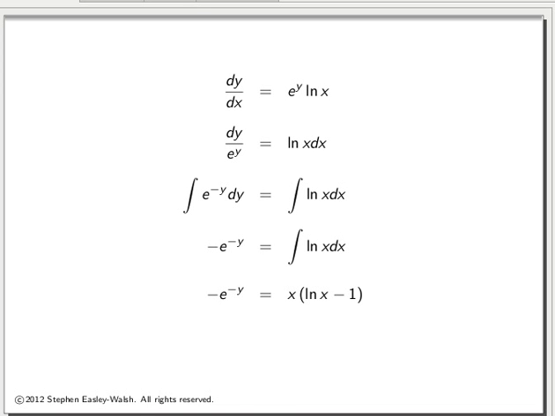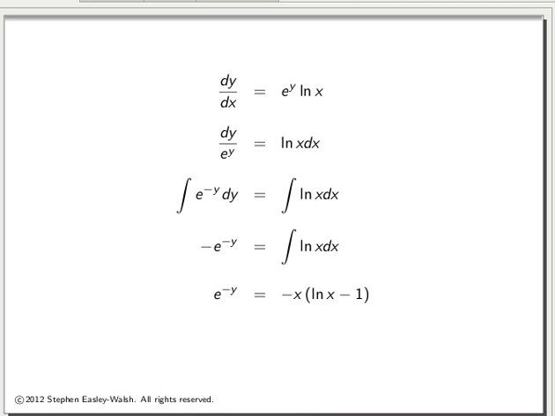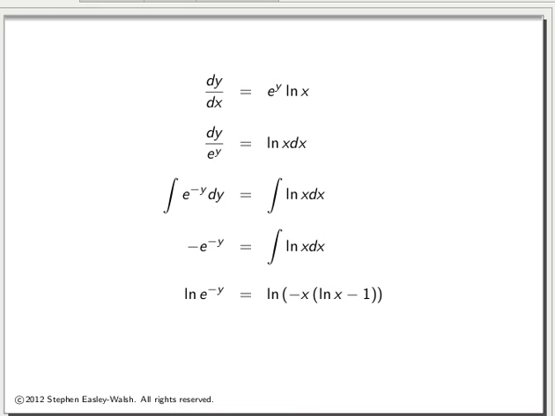Log both sides. But just before I do log both sides, I'll take that minus over to the left. It'll make my life a bit easier. And now I can put log on both sides. So log goes here, and then log goes on the right. There you go there. Put log on both sides, no problem.